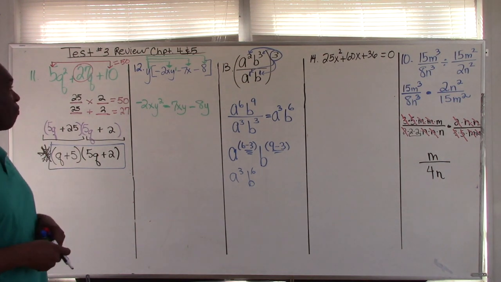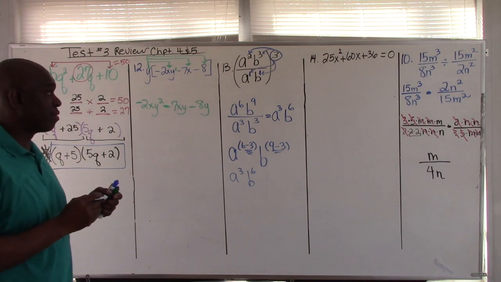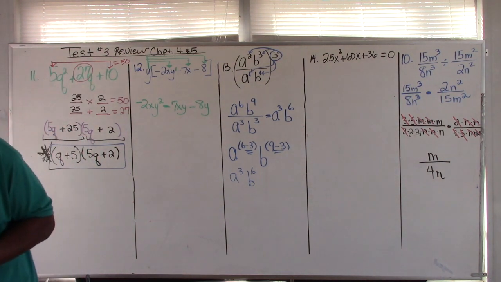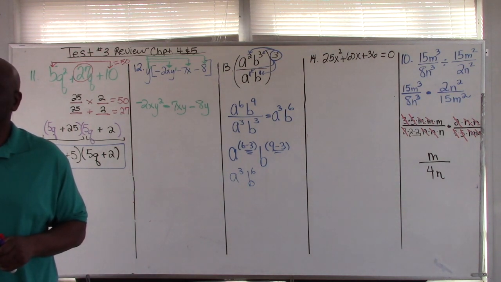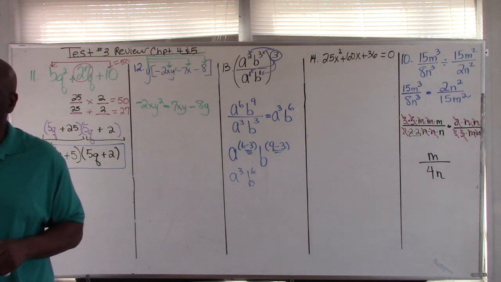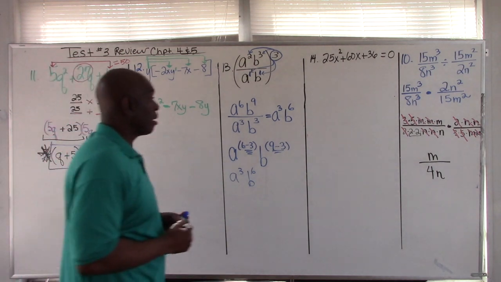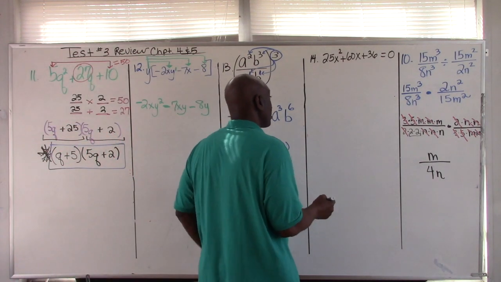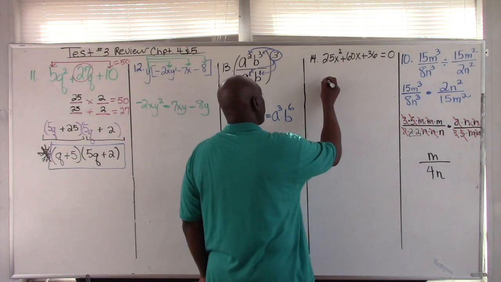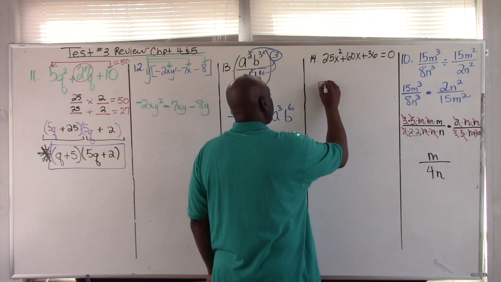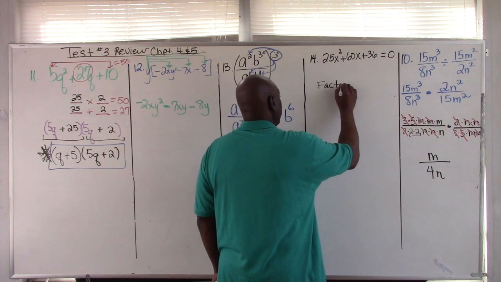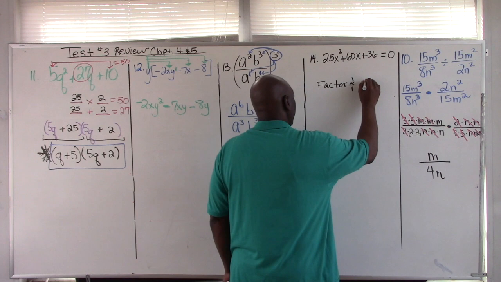Okay, now 14, ladies and gentlemen, and what do they want us to do? Let's see, 14, they want us to factor it and solve it. Alright, so the instructions for this one, they want us to factor and solve.